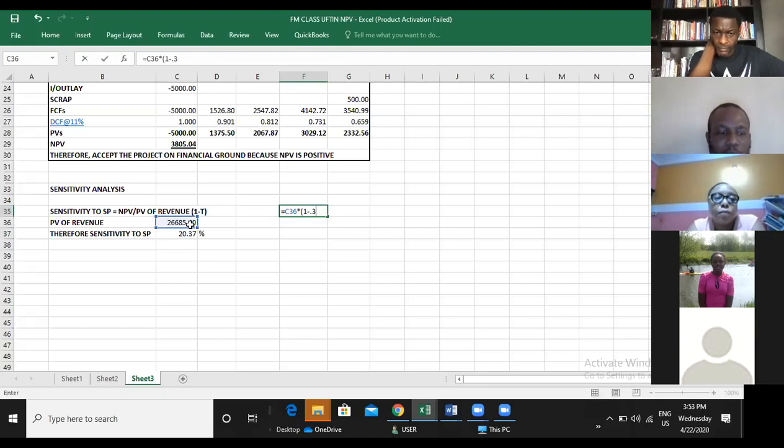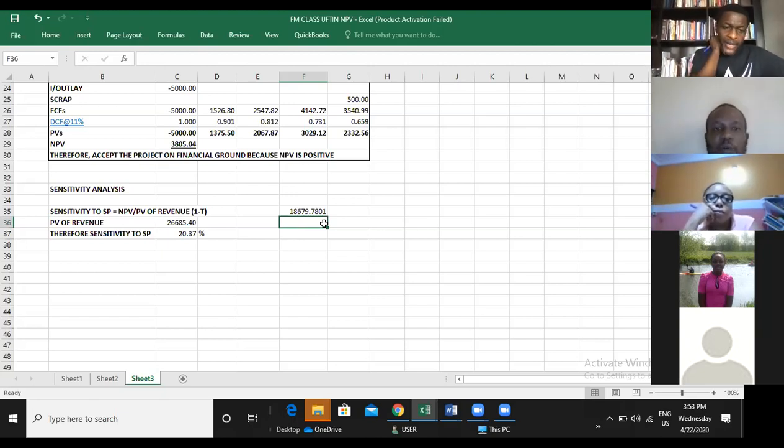So that's my PV of revenue times 1 minus T. And then my sensitivity will be equal to NPV divided by my present value of revenue times 1 minus T, and then multiplied by 100. And you see, it gives me exactly the same thing as that one.